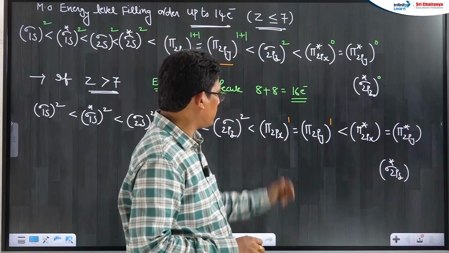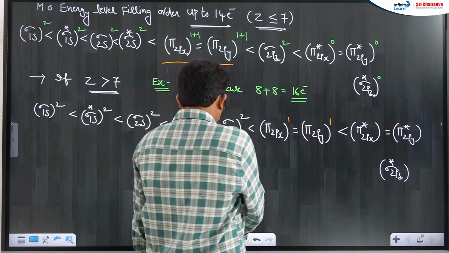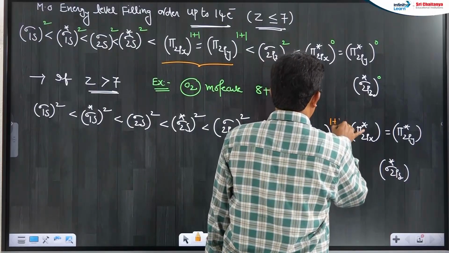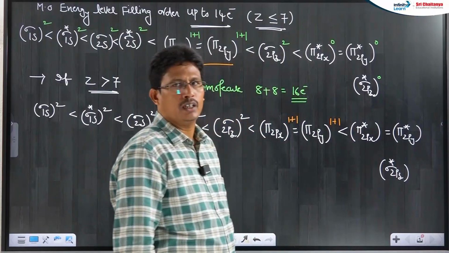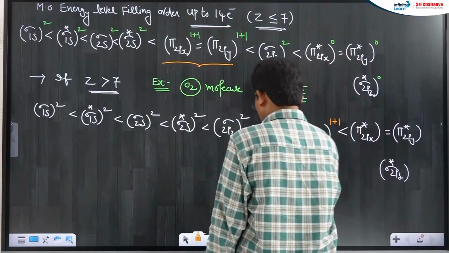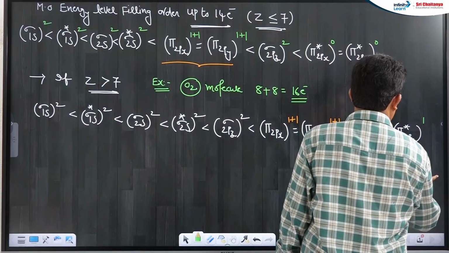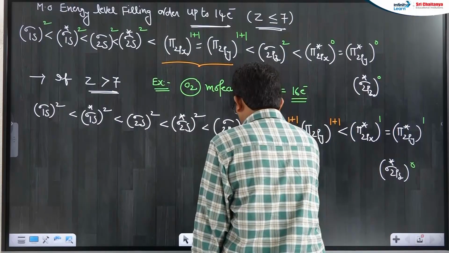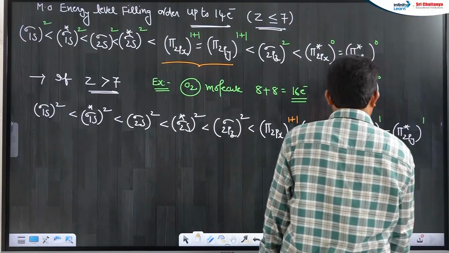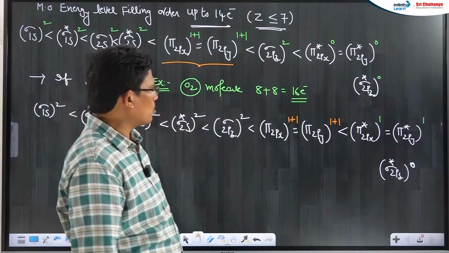These two are degenerate, so each orbital is filled with one electron, and only after that pairing takes place. The 13th and 14th electrons pair up with the 11th and 12th electrons. Here also the same: 15th electron, 16th electron. No electron in the last orbital, it is empty. It is the configuration of O2.